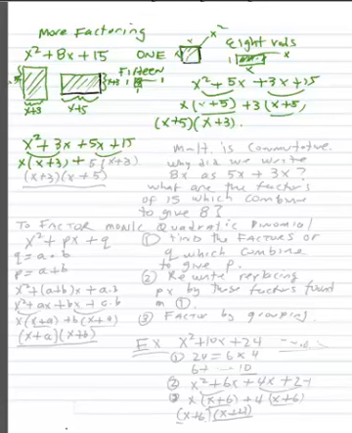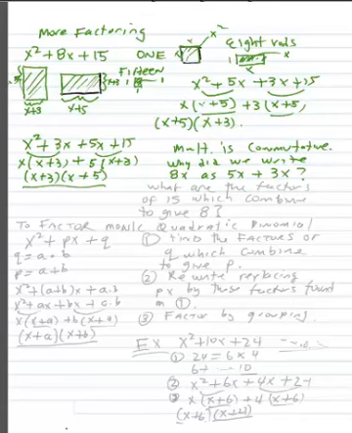And then grouping the second two terms, you factor out a 5, and an x plus 3 is left over. And then that gives us x plus 3 times x plus 5 as the solution. Multiplication is commutative.